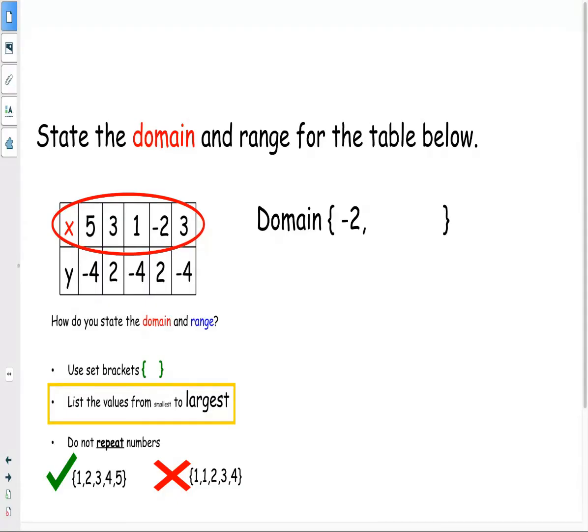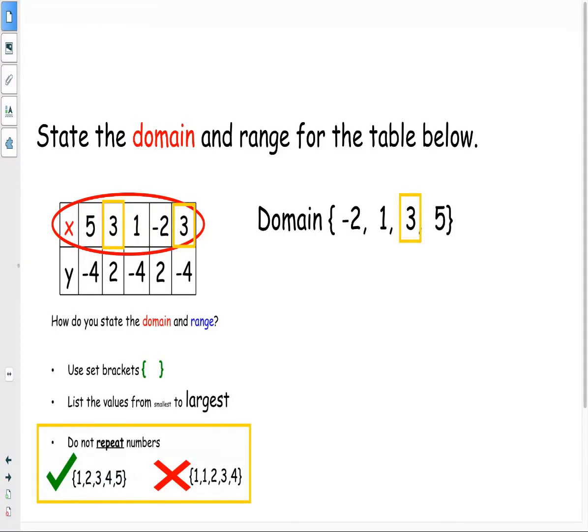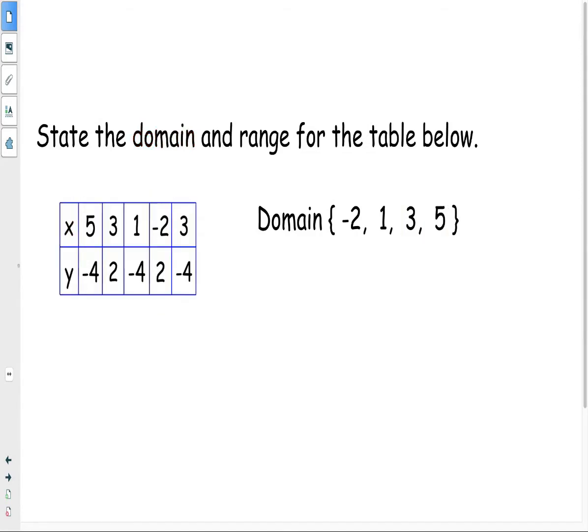Can you think of what numbers come next in order from least to greatest? We get our 1, 3, and 5. Something important to notice: we had two 3s in our table, but only one 3 made it into our domain. That's because of the last part of our rule, we do not repeat numbers. Once 3 is represented in our domain, we do not need to represent 3 anymore.